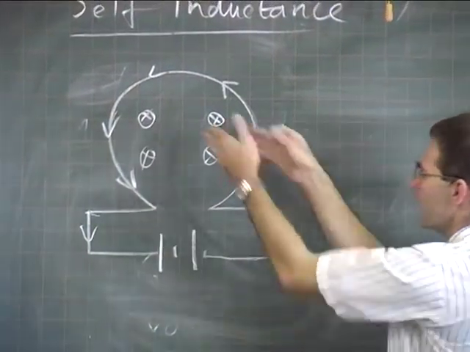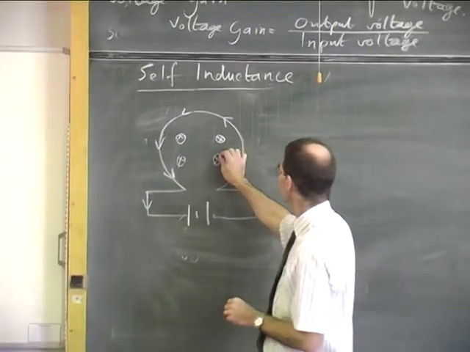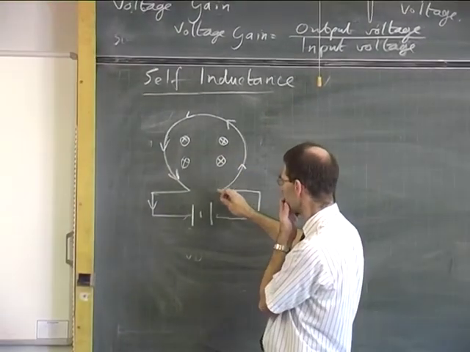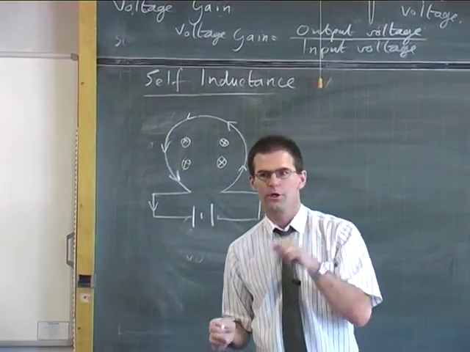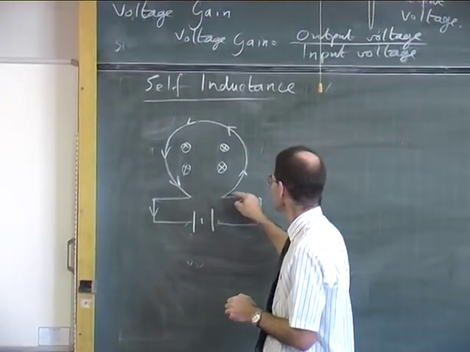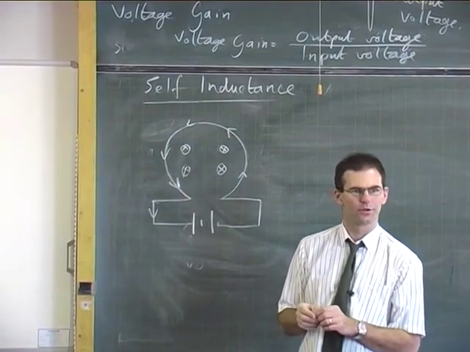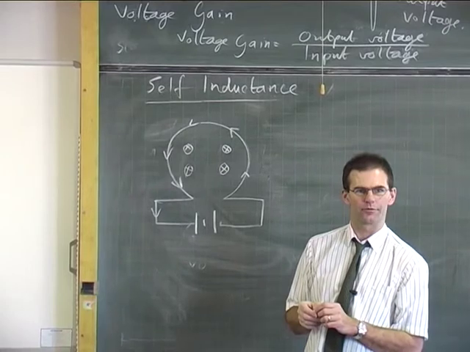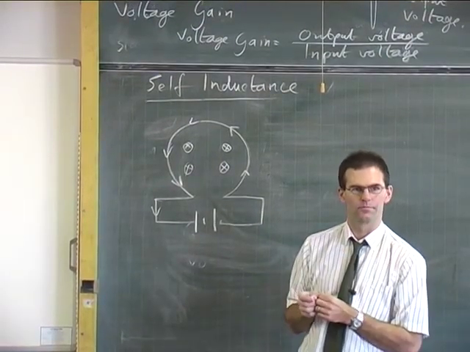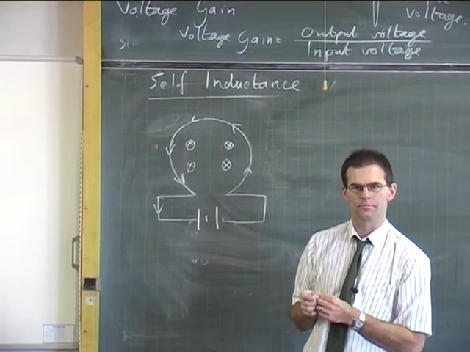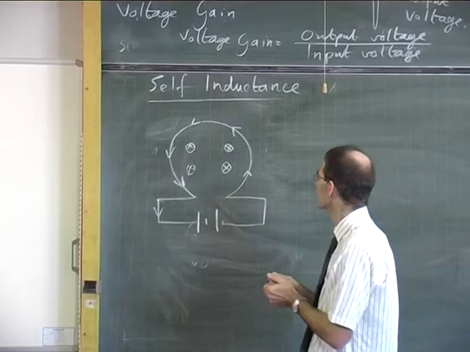So we've got a magnetic field going into the board like that. Now, this is the key thing. Because you've got an increasing magnetic field around a coil, what effect is that going to have on the coil? Think about what we were doing before. It'll induce a voltage, okay?